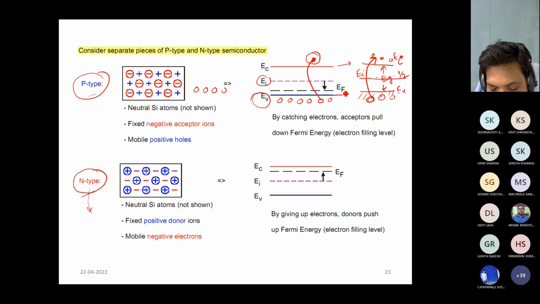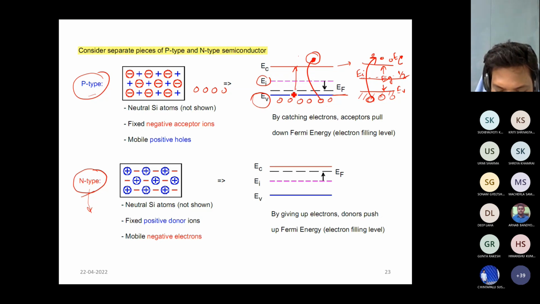Are you getting it? Yes, sir. Then towards which direction must the Fermi energy be shifted? Towards the valence band side. Yes. So this difference indicates that the number of electrons is getting less in the conduction band, and being closer to the valence band indicates more holes are there in the valence band.